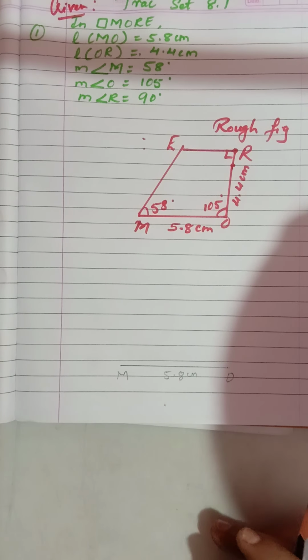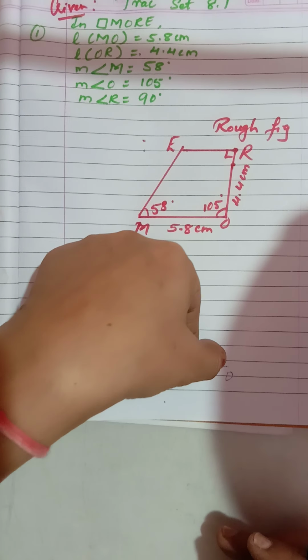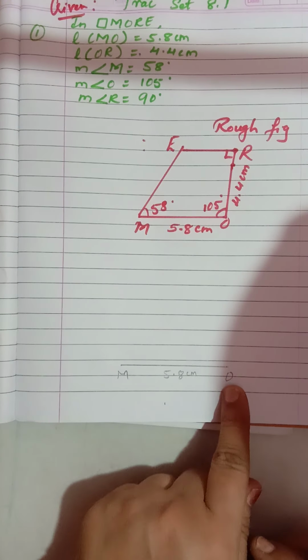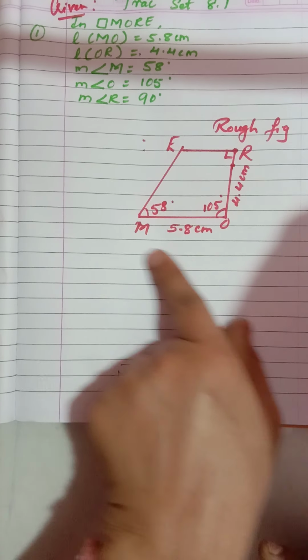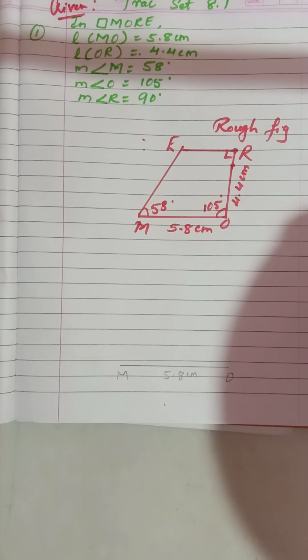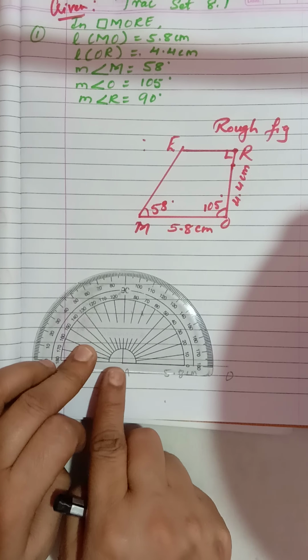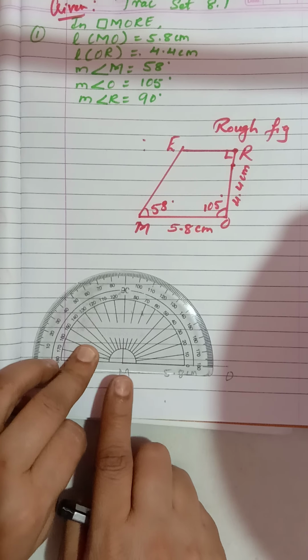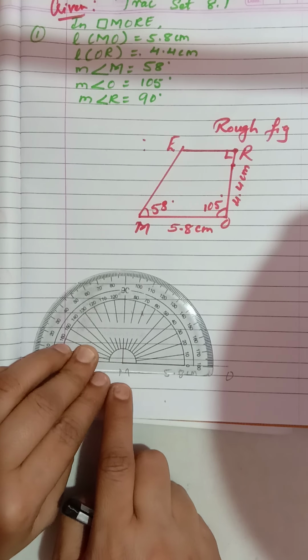Now see children, your second step, take the protractor, draw angle M 58 degree. Next step, take the protractor, draw angle O 105 degree, and then you will draw angle R 90 degree. See, step by step. Now placing the center of the protractor at which point?